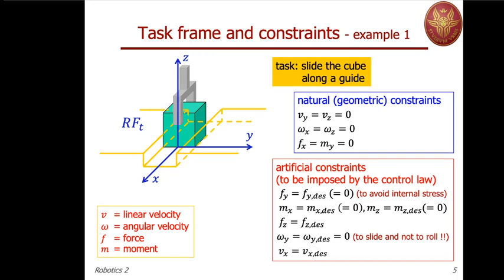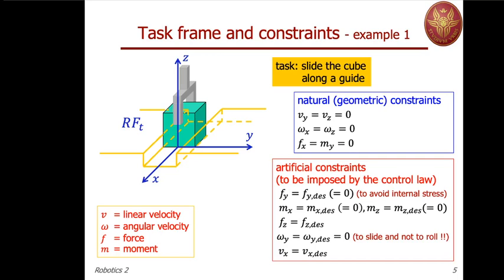Now, what are the artificial constraints? You should proceed in a complementary way. All the quantities that have not been involved individually in the natural constraints should appear in the artificial constraints.